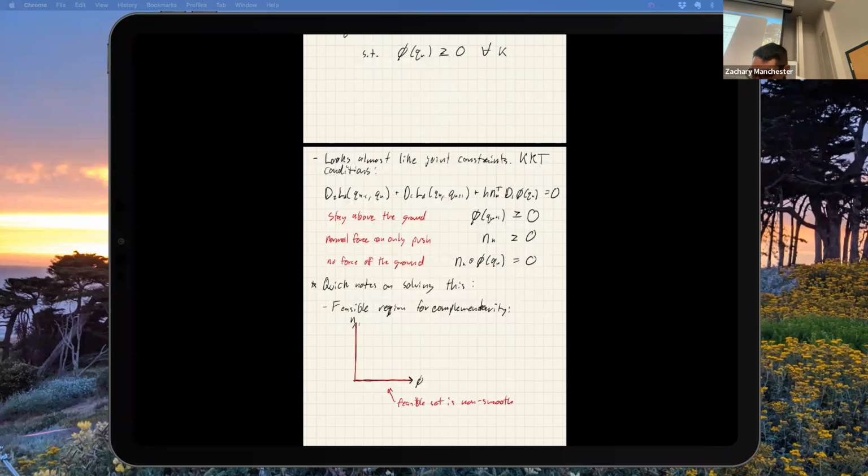We're going to relax this by putting slack on that complementarity slackness. So instead of strictly equals 0, we're going to put a little s over here that's non-zero. And what that does is take this sharp corner and relax it out into this smooth curved region.